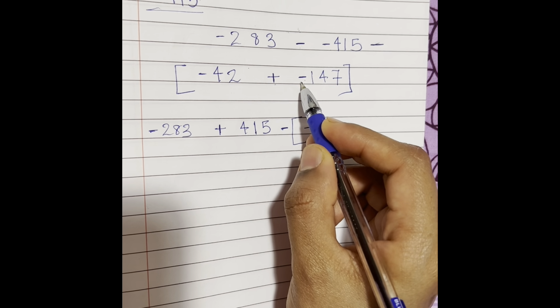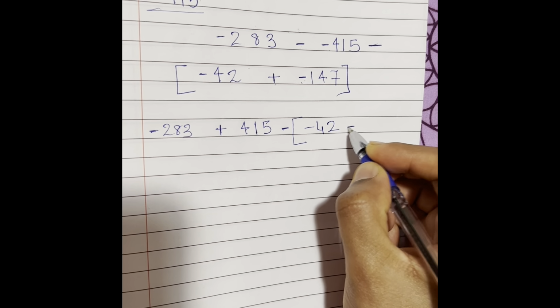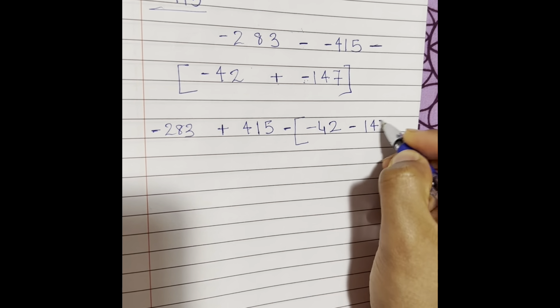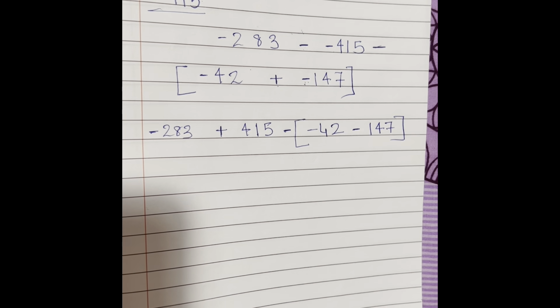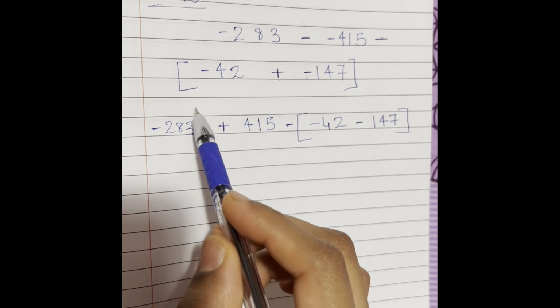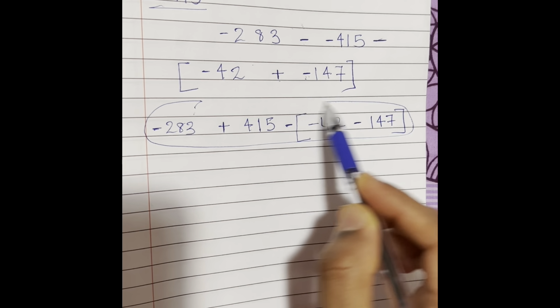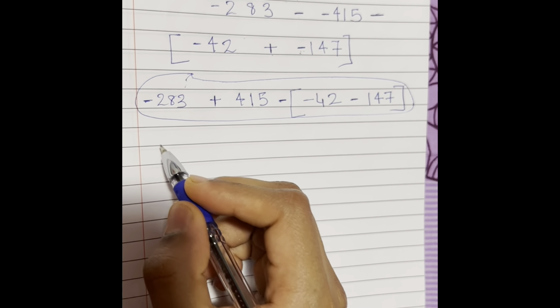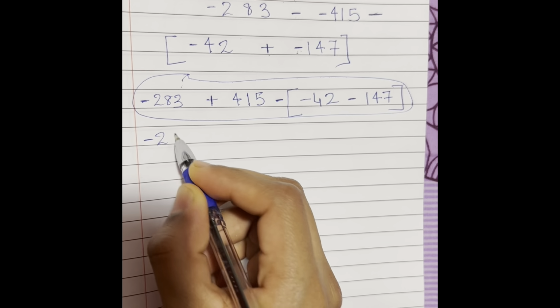When plus and minus come together, what does it become? Minus. So this portion became minus, then the rest 147, close the bracket. Now we have to simplify this portion. So minus 283 we are writing again.